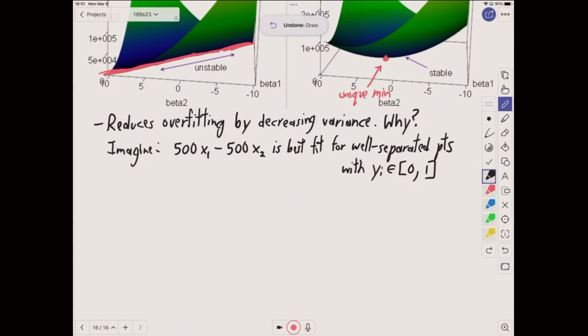The issue here is that we see that small changes in x are causing big changes in y, because the coefficients are so large. But when we actually look at the scale of points that we're hitting to, it doesn't make sense that such a small x change should cause such a big y change. So when you see that happening, we suspect overfitting.